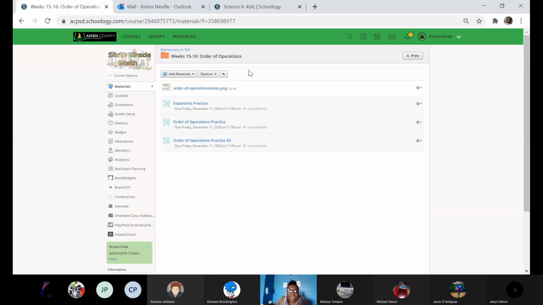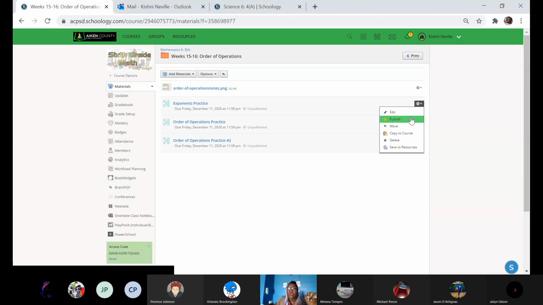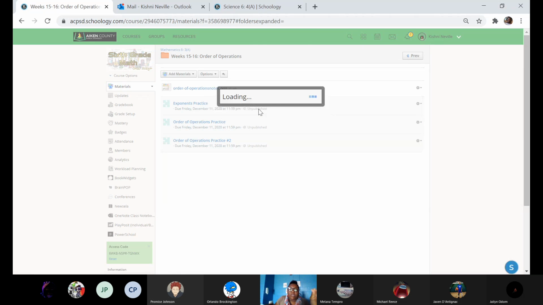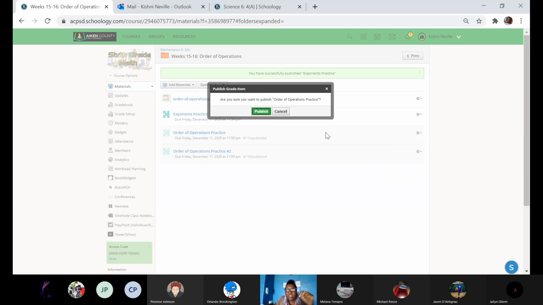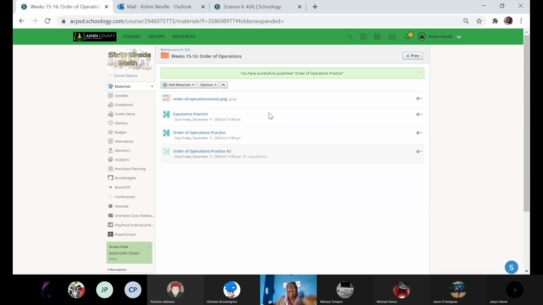Weeks 15 and 16, order of operations is where we are. The notes that you should have copied from the email that I sent you are here. You're also going to be completing some exponents practice today and your first order of operations practice. I do not expect you to finish both of these assignments today in less than 20 minutes. You can do some of this tomorrow.